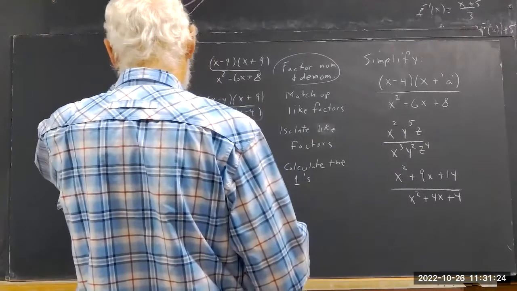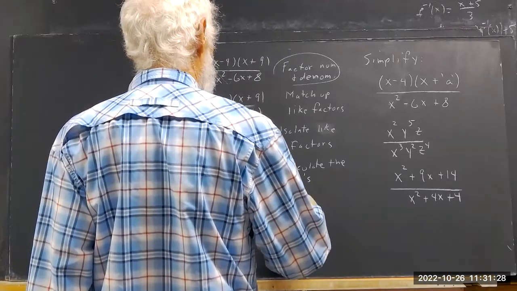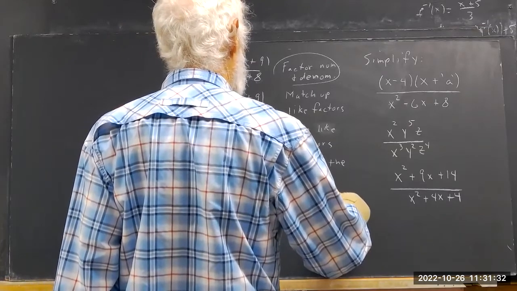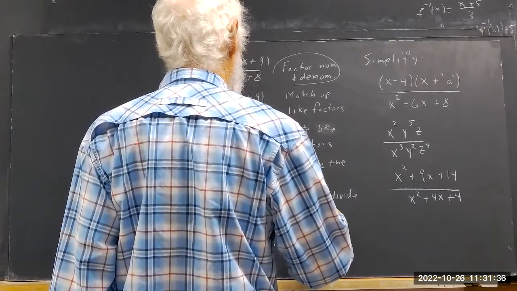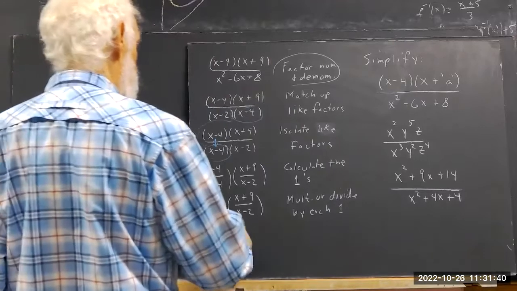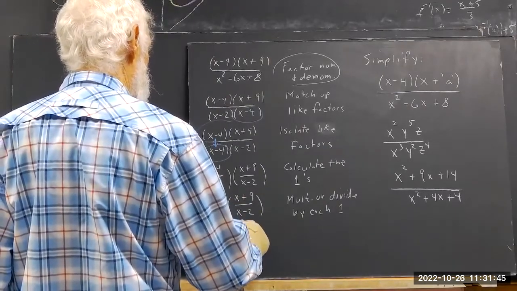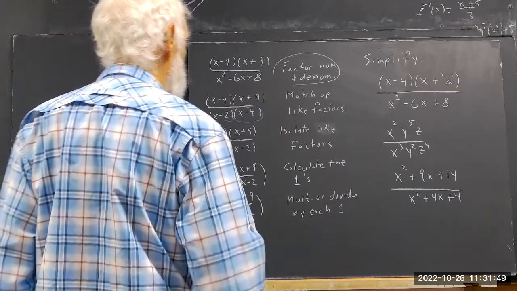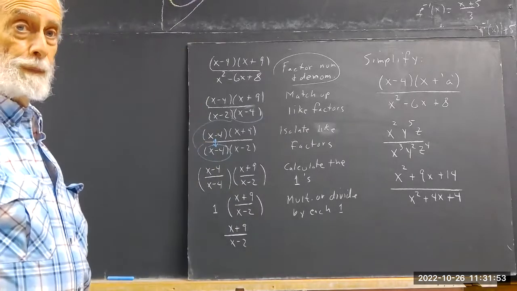And then multiply or divide by each one. Well, 1 times this just gives you x plus 9 over x minus 2. Those are the details.